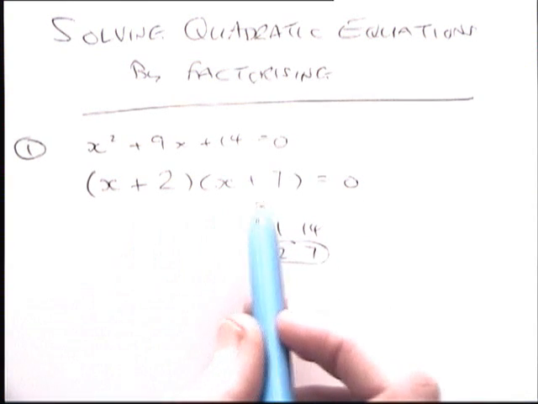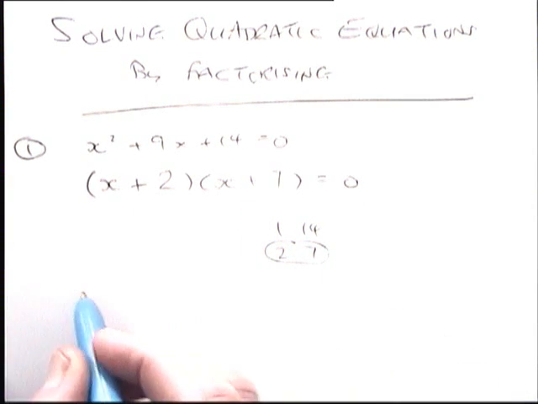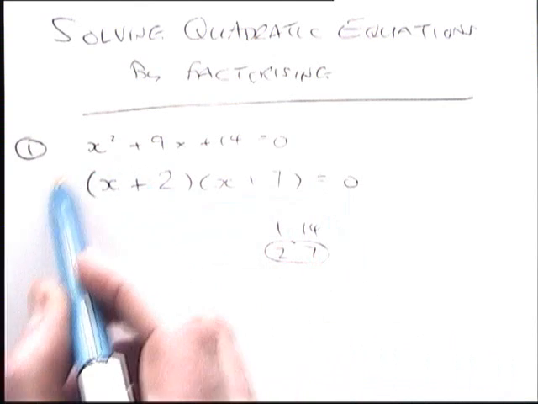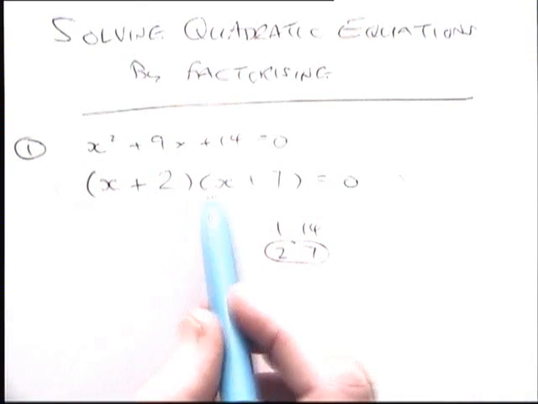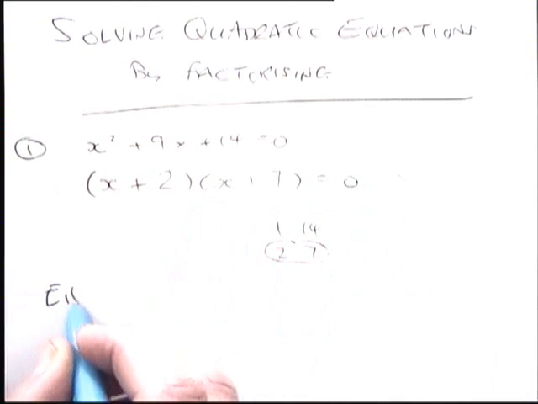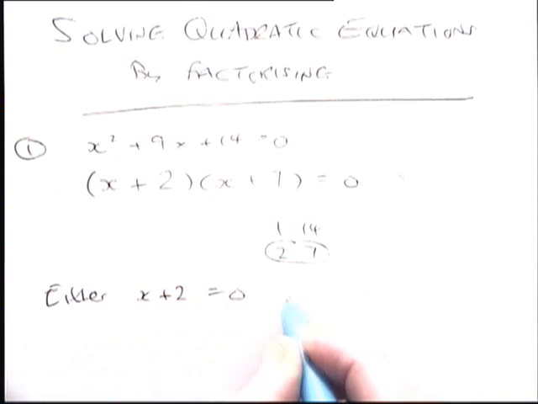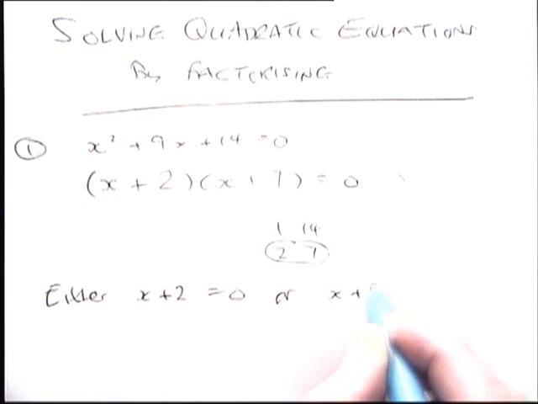Now if two things multiply together to get 0, then the only way you can do that is by one of them, or actually it could be both of them, equals 0. So when we get to this stage of two sets of brackets equals 0, we can say that either the first bracket equals 0 or the second bracket equals 0.